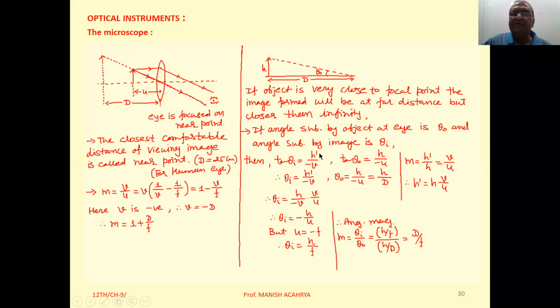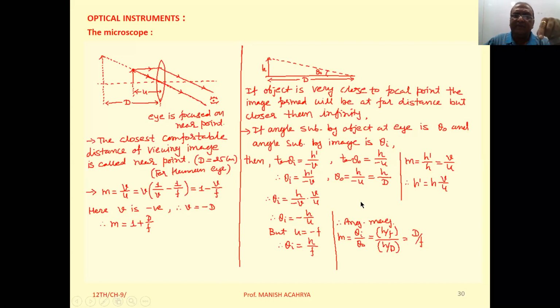Opposite is the height of image h dash, adjacent is the image distance. Image is formed towards the object side, so we take it negative, so minus v. Similarly tan theta 0 equal to opposite upon adjacent. Opposite is the height of object, adjacent is the distance of object, so minus u.